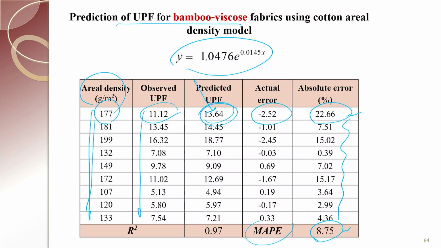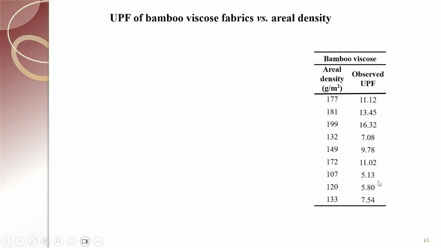Then the question is which one we should use, and can it be reduced further? To understand more, we used the bamboo viscose fiber fabric's own model on areal density. So, UPF of bamboo viscose fabric versus areal density, its own model, we tried.